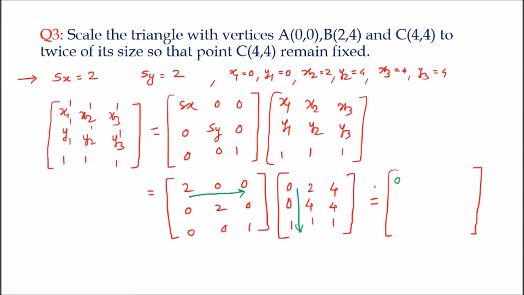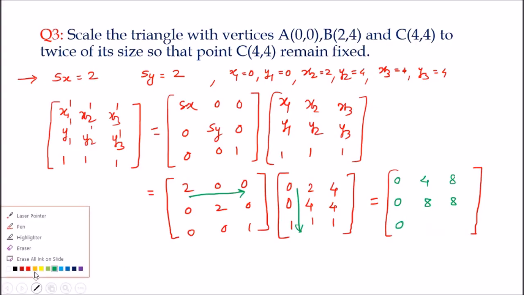Then 2 into 2 4 is 4 8, then 2 into 4 is 8, then 1. Then the last row is 8 8 1. So we got the values 0 0, 4 8, 8 8.